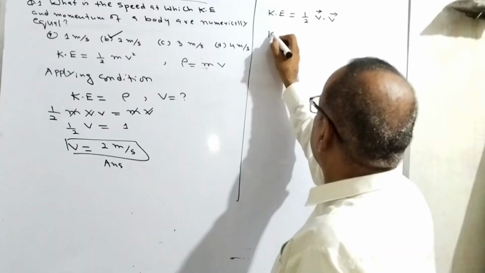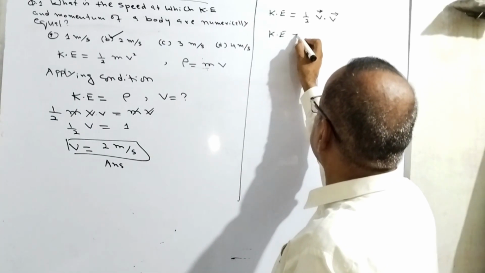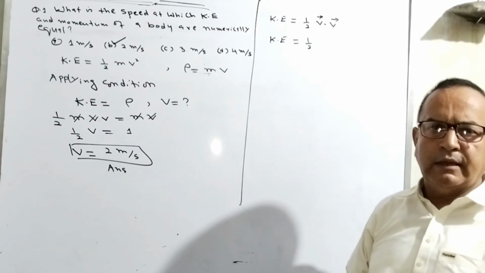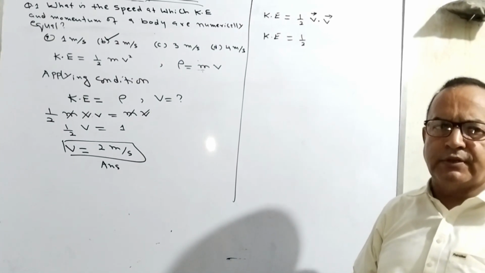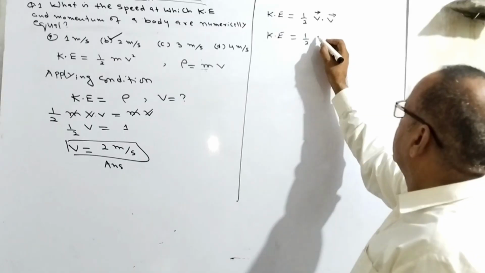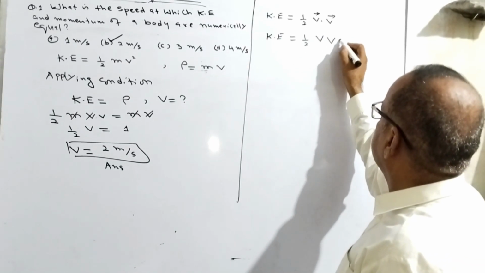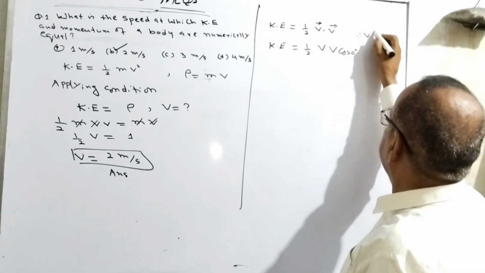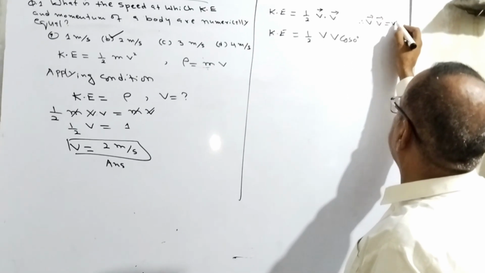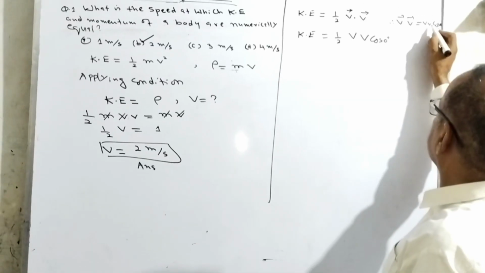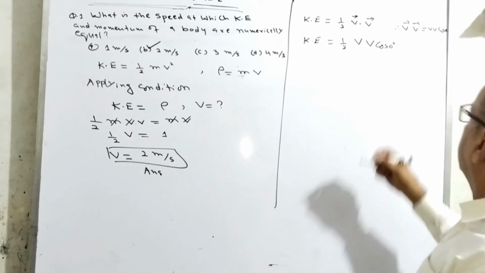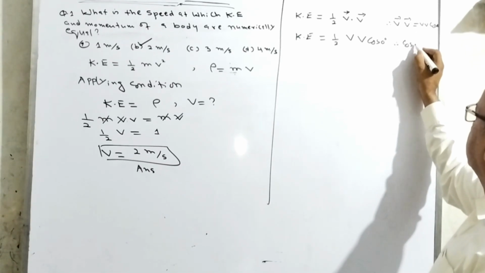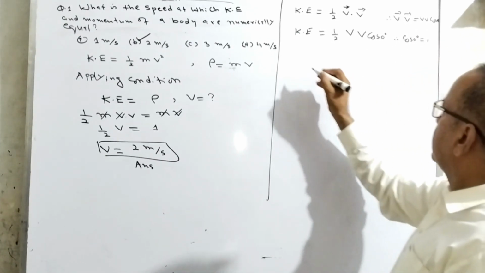By utilizing the definition of dot product, just as you have studied, A dot B is equal to AB cos theta. So V dot V will be VV cos 0 degree. Here both are the same vector, so the angle should be 0 and cos 0 degree is equal to 1.